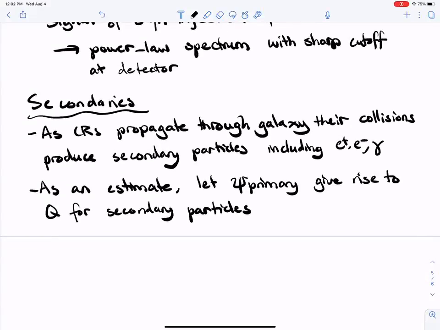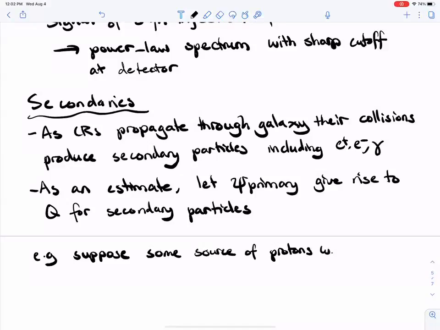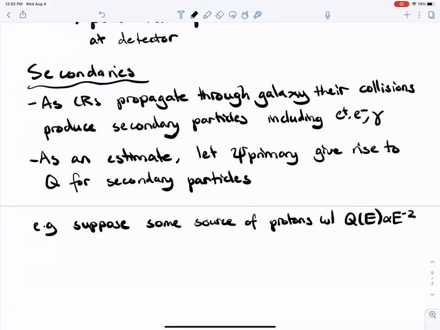So let's take an example. Suppose that we have some source of protons in the galaxy with Q of E proportional to E to the -2. This could be acceleration in the shock surrounding supernovae. Then for the proton steady state spectrum, we'll assume it's in the diffusion dominated regime.